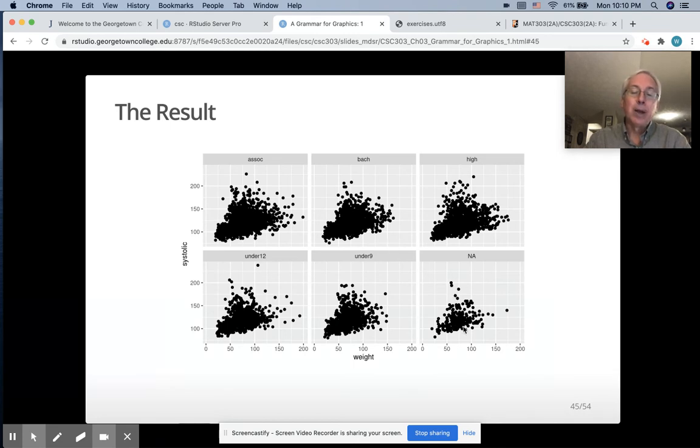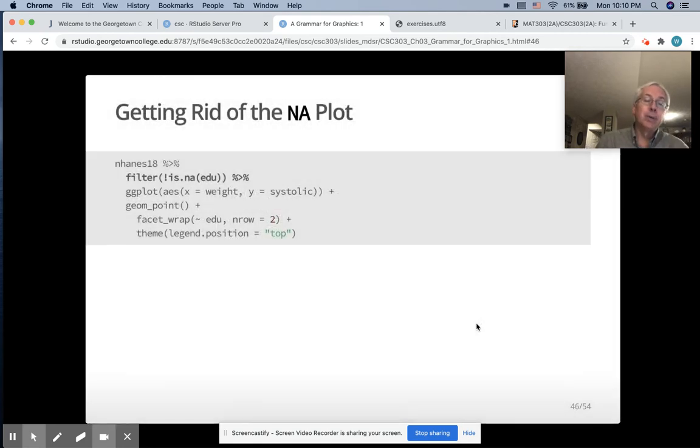If we wanted to get rid of the non-respondents to this question, we can do that using a filter command. Notice that we've got 2 uses of the pipe here. Filter is a command that we're going to spend a lot of time with in chapter 4. But this exclamation point means not. And so is.na edu means there was no response to education, so we're going to filter that out.